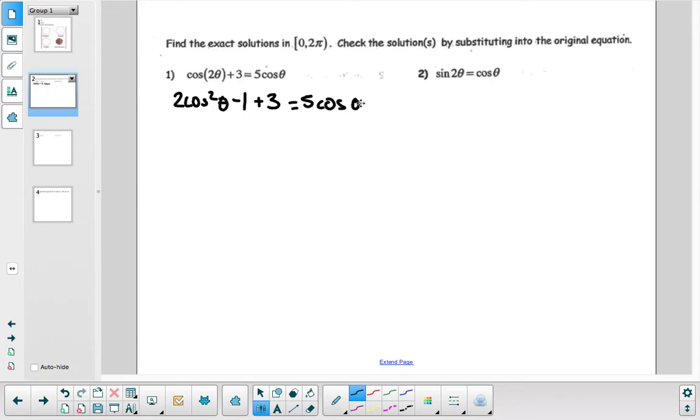So once we get that switch, we're back to our normal, air quote, normal equations that we have been working with. It's quadratic, so we're going to move everything to one side and factor it. Again, you could use the little trick where you can substitute cosine for x and then substitute it back in at the end.